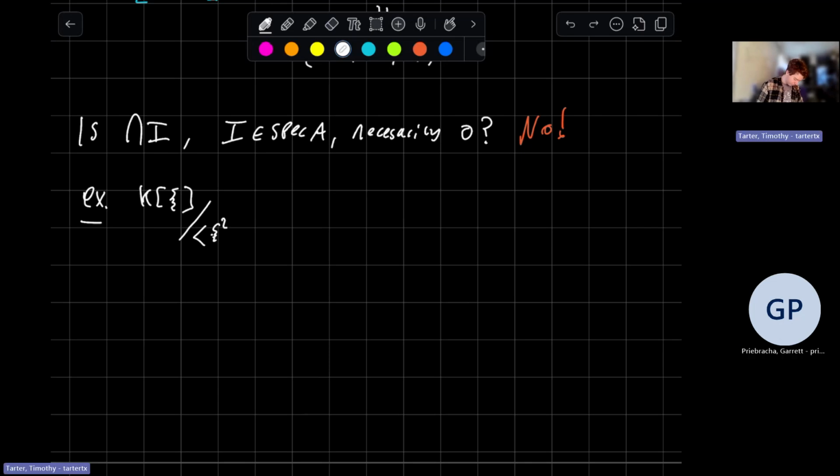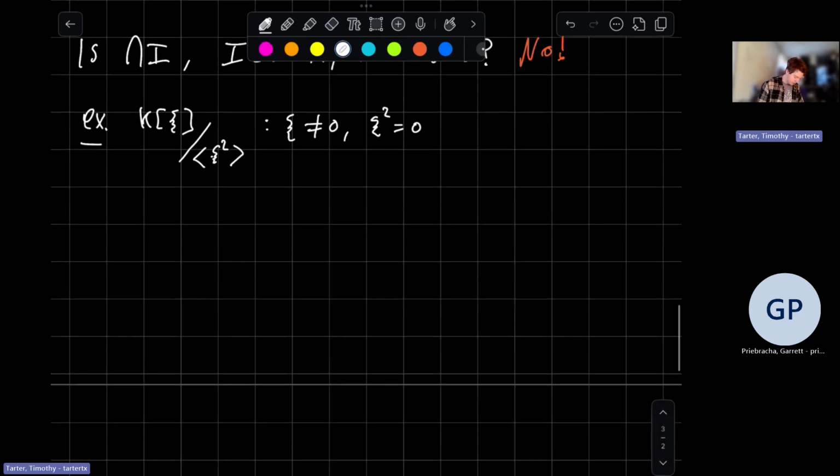Nope. There we go. Where epsilon is non-zero, but epsilon squared is equal to 0. Any function whose power is 0 certainly lies in the intersection of prime ideals.